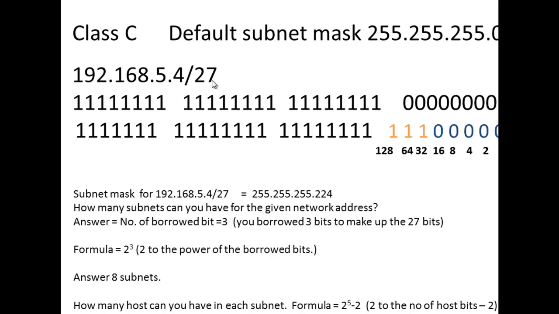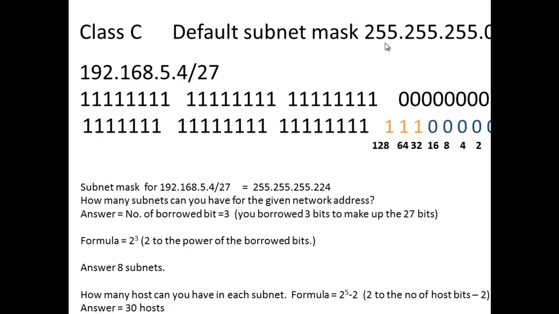With a 24 notation, the default subnet mask would be 255.255.255.0. However, we were not given 24, we were given a 27 notation. And 27 notation means that the network part of the address has 27 bits, not 24.